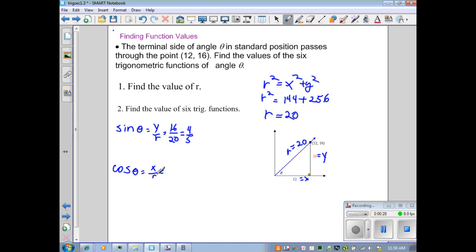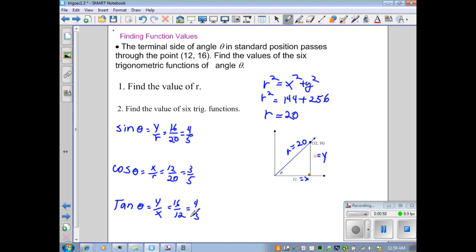When we substitute, that'll give us 12 over 20, or simplifying will give us 3/5. And tangent of theta equals y over x. When we substitute, it is 16 over 12, which gives us 4/3.